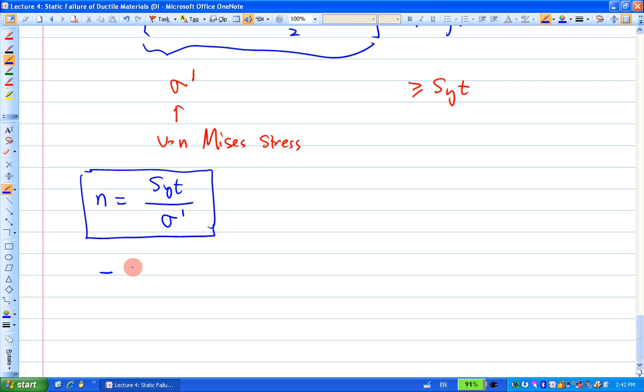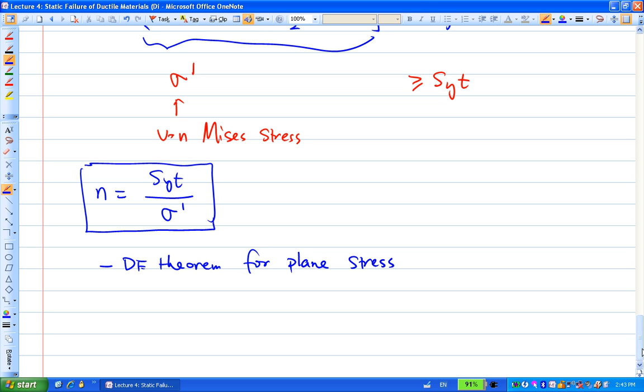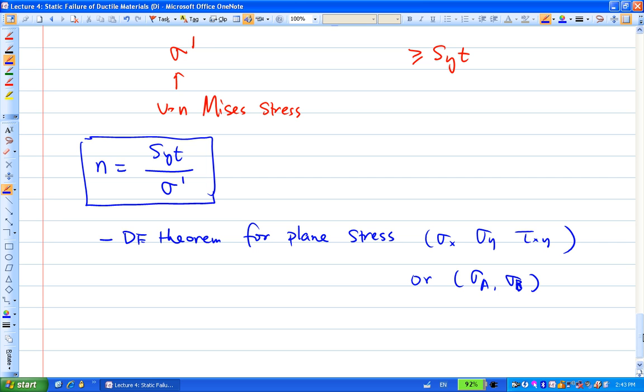For the first version, we're looking at DE theory for plane stress, meaning you only have sigma x, sigma y, and tau x,y, or you only have sigma A and sigma B, the two principal normal stresses calculated based on that traditional formula. All right?